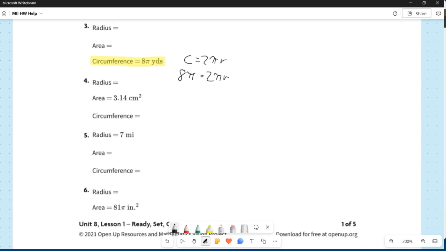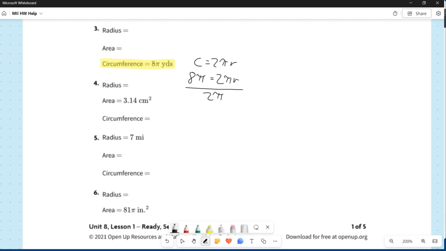I want to get r by itself, so in order to get r by itself, I'm going to divide everything by 2 pi, because by doing that, on the right, the 2's go away and the pi's go away, and so I'm left with just r. Actually, I shouldn't cross them off because I have to deal with them on the left as well. But the 2's going to go away and the pi's going to go away, and so on the right-hand side, I get r equals. So now I just have to simplify the left.